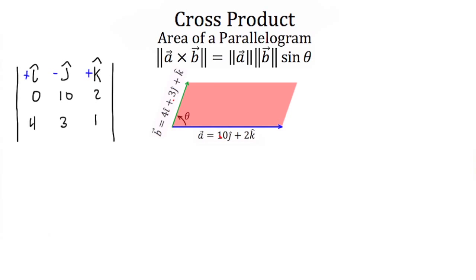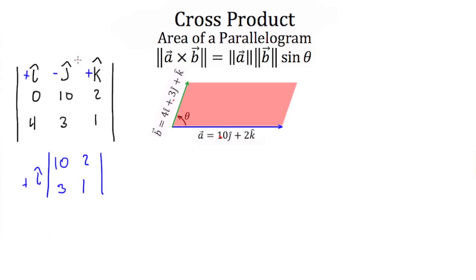Then I take my positive i and I multiply it by the 2 by 2 matrix that's left over when I ignore everything below and next to my i hat. So 10, 2, 3, and 1.